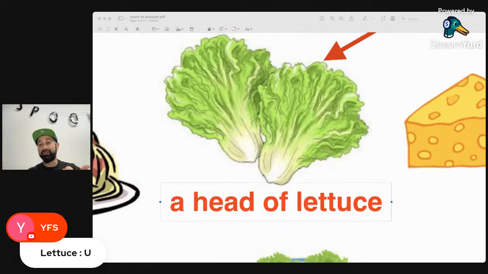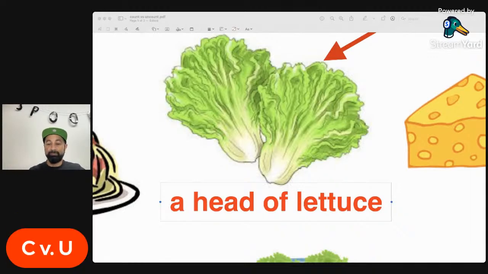So we've got lettuce. That's uncountable. Can you give me another example of a leafy vegetable? A vegetable that has a leaf. Most of these leaves, of course, are going to be green. A green vegetable. What leafy vegetable can you tell me?